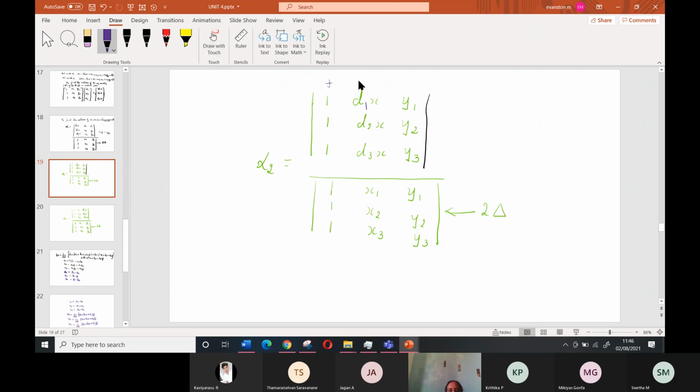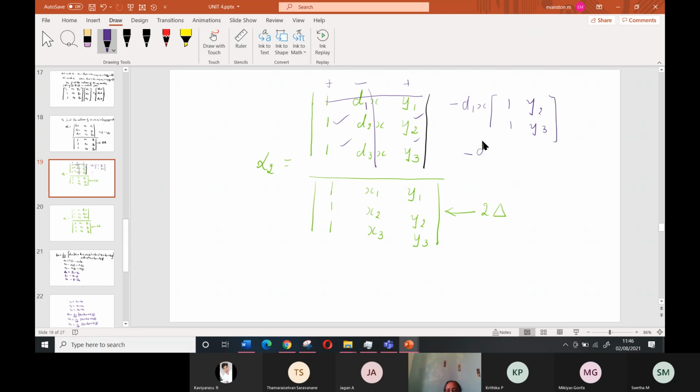So this is positive, this is negative, this is positive. When you are taking the coefficient of d1x, you have to take minus d1x into, you throw this one off, and you have to take 1, this. So you will get 1 y2, 1 y3.